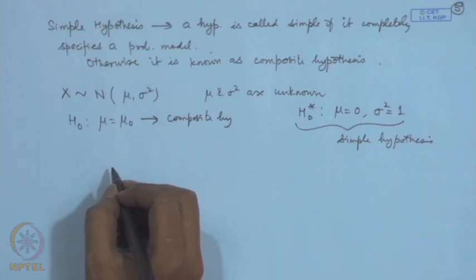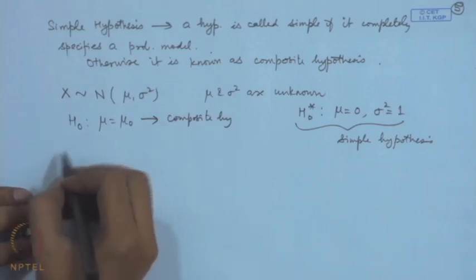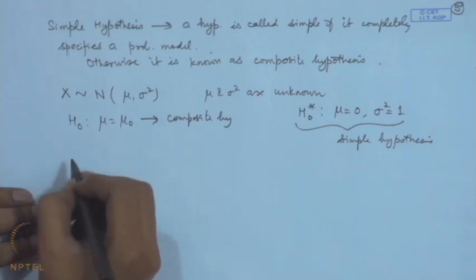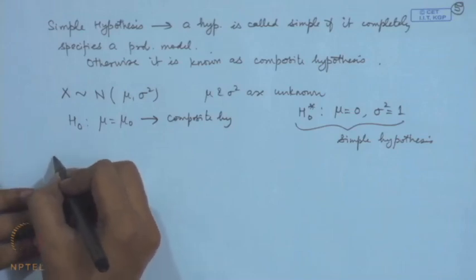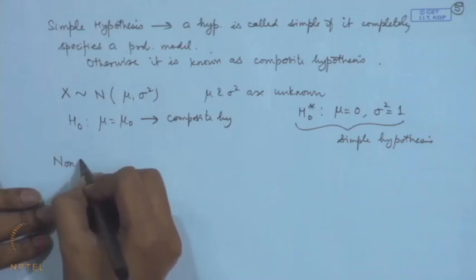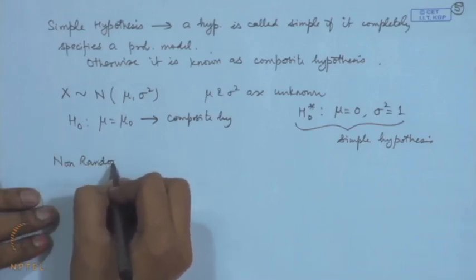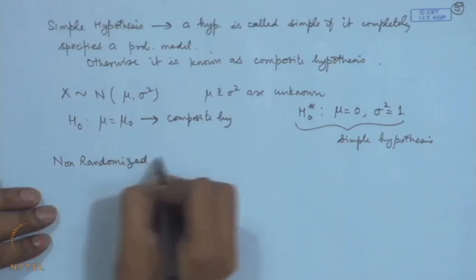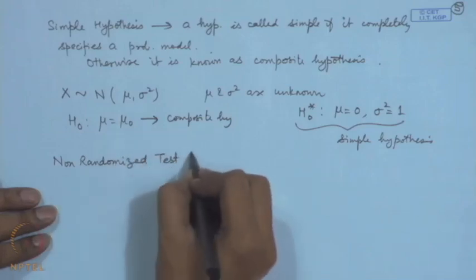We specify what is a test procedure. A test procedure I will split into two portions. One of them is called a non-randomized test procedure.